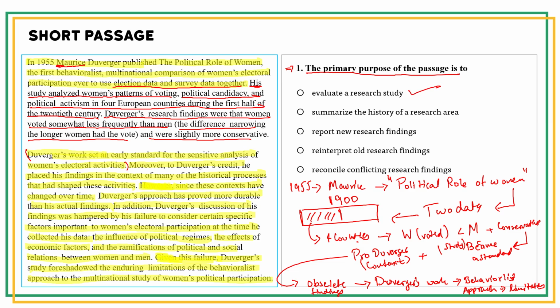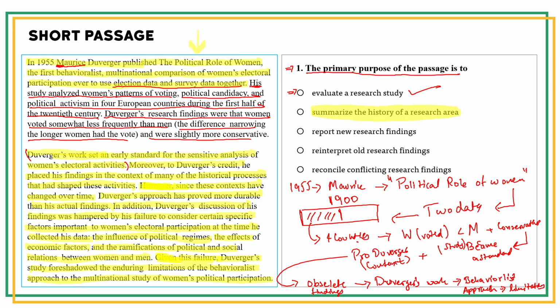But let's read the other options as well. I just saw A and I thought, okay, that's probably correct. Is it summarizing the history of a research area? No, I wouldn't say that, because to summarize the history, the author should have talked about more studies from that era other than Duverger's, so that would have given you a summary of the area of research pertinent to the political role of women.